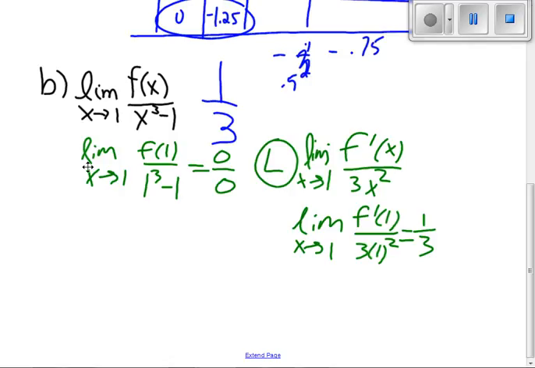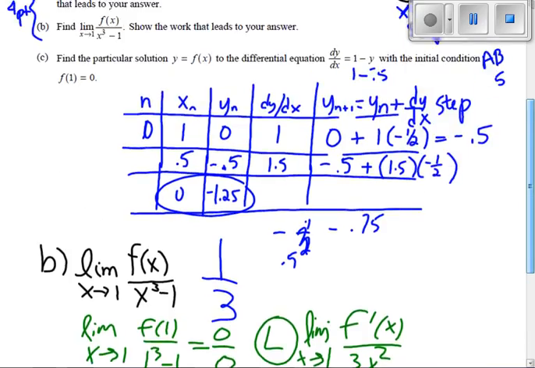Earlier, in problem 1, f of 1 was given to us as 0 somewhere in the problem. That's one of the points. But how do we know f prime? Right here, f of 1 is 1. It's the limit of f of 1. You should have written that.